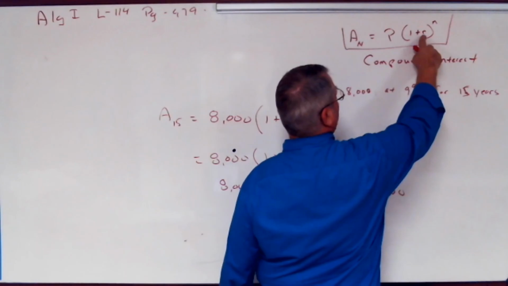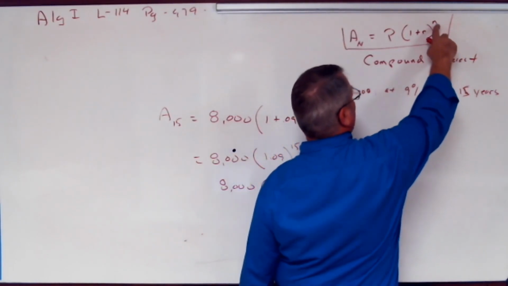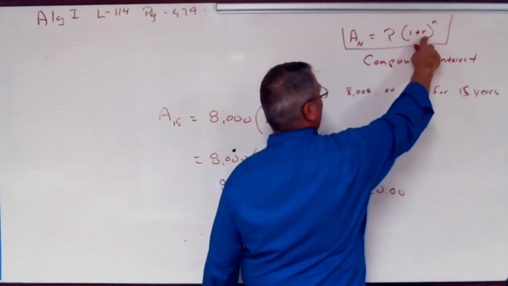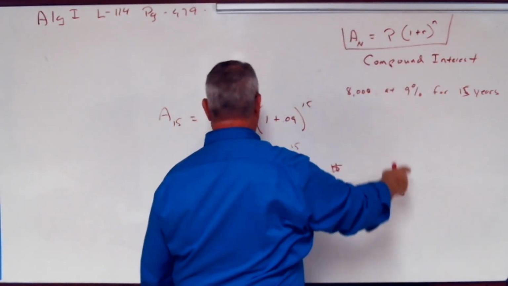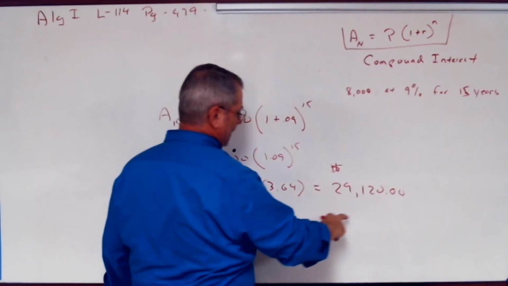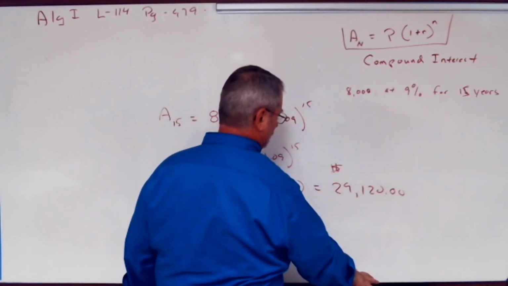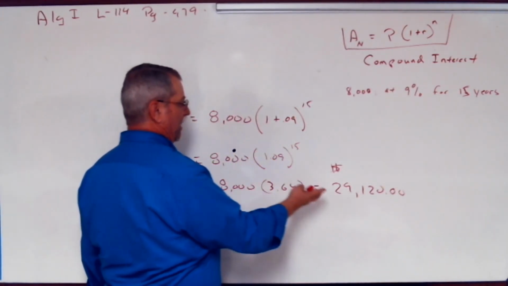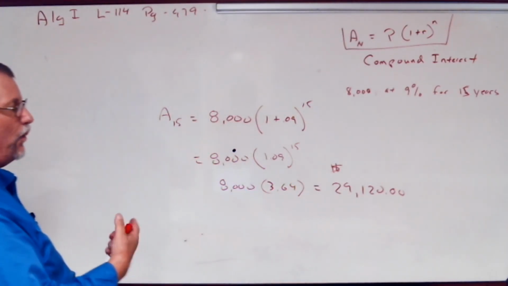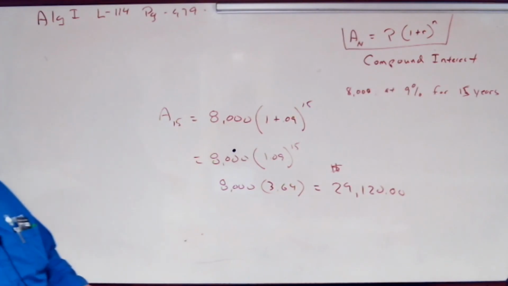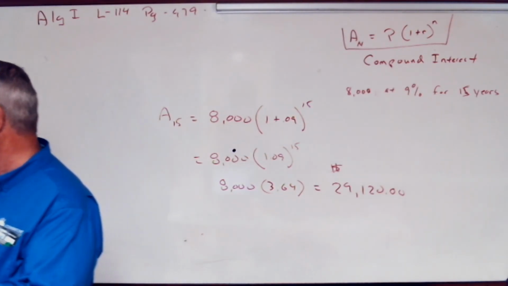That goes here as a decimal. This is up there. You add these together. You take it to that power. You multiply by that. There's your answer. If you take this and subtract it out of that, everything else is interest. This was the principal, the money, everything else is interest. The interest is like $21,000 worth of interest. Pretty good deal. I would take that in a heartbeat.